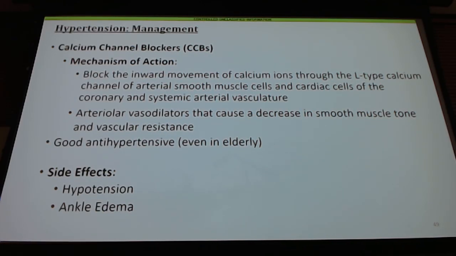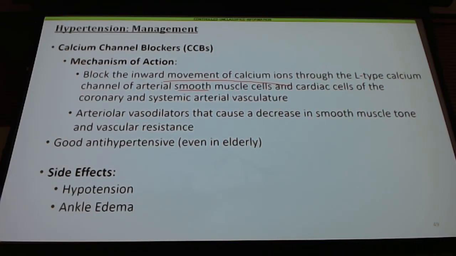And the way they work is they block that inward movement of calcium ions into the smooth muscles of the arteries. Remember when we talked about calcium being important for the function of the myocardium, the contraction of the myocardium. Think of this as the same as the smooth muscles lining the blood vessels.